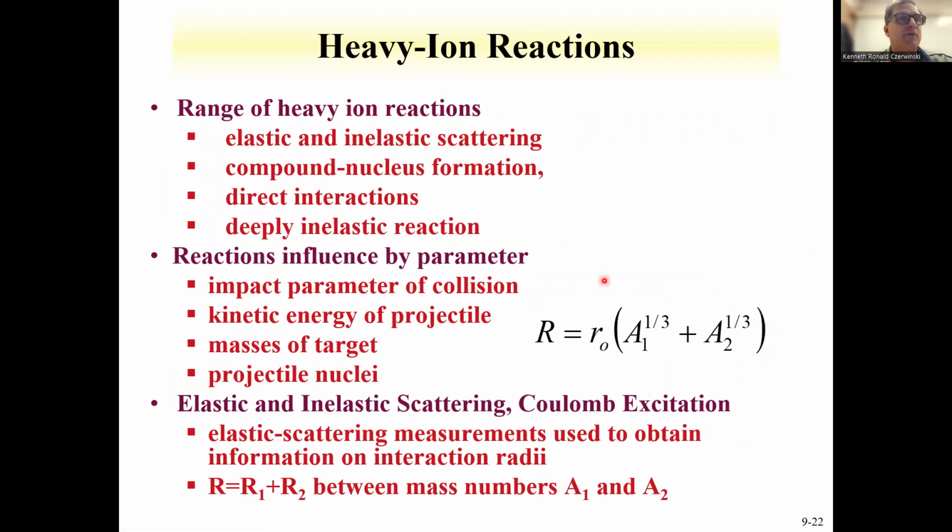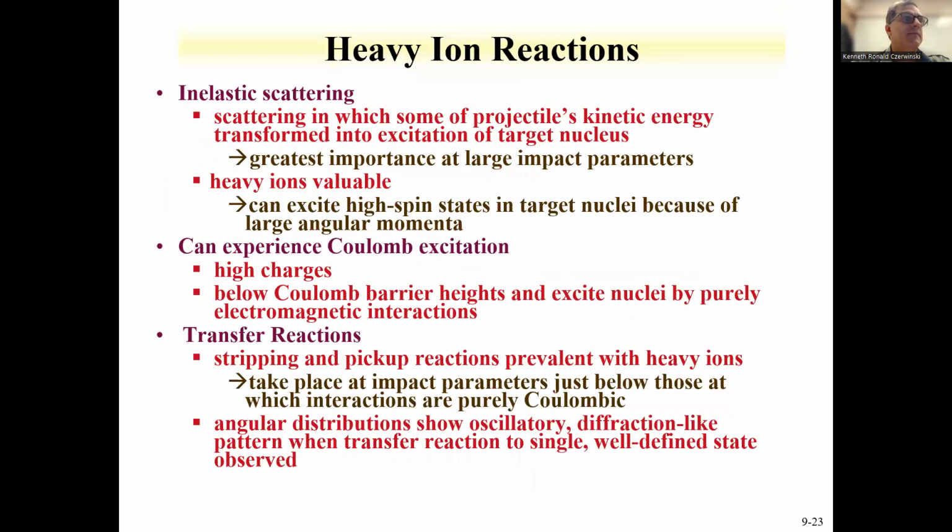There's ways of evaluating the heavy ion reactions based upon the radius of the particles that need to interact, target and projectile. There's different types of reactions: inelastic scattering reactions, transfer reactions.